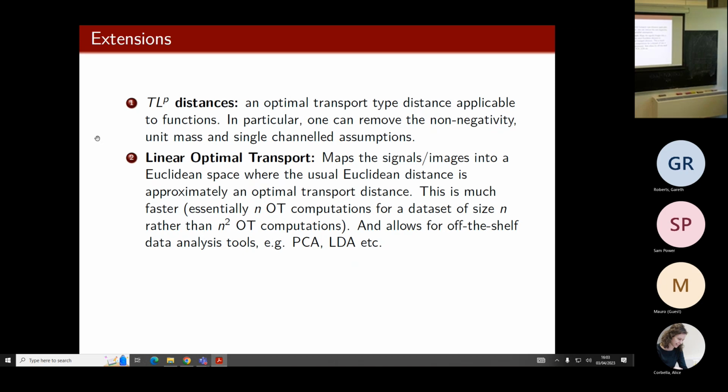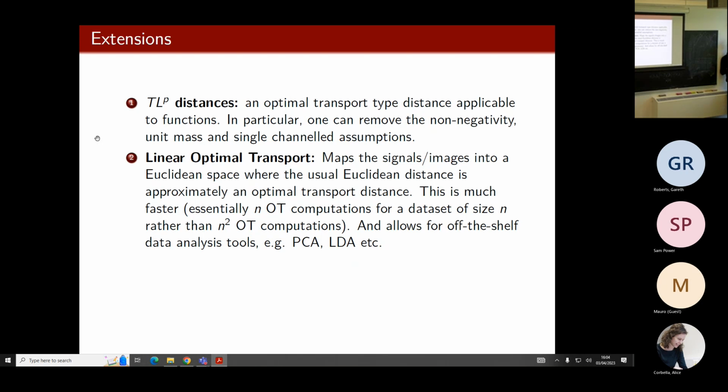The second thing is, how do I do something like principal component analysis or k-means clustering in the Wasserstein space? It can probably be done, but it's going to be difficult. Certainly I'd have to write my own code for this. I can't just call up a Python toolbox, but I can do this for Euclidean distances. Python will easily let us do PCA, LDA, k-means, whatever we want.